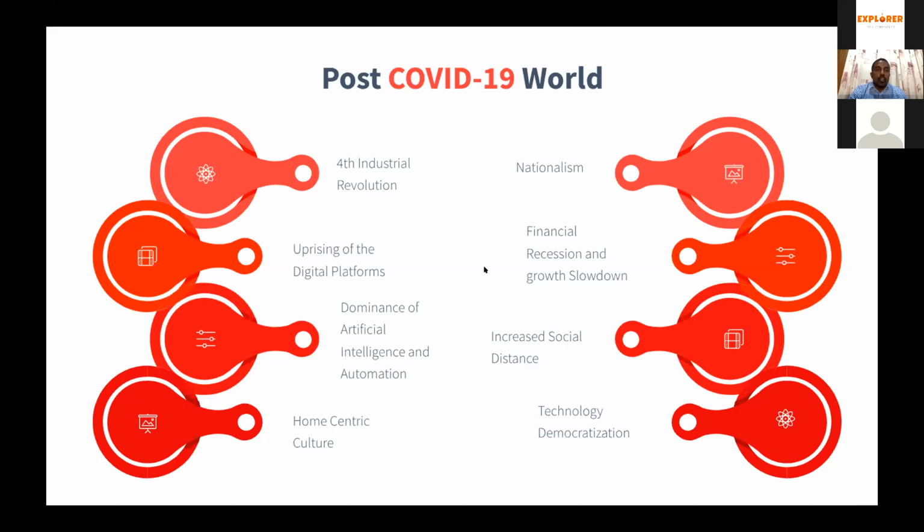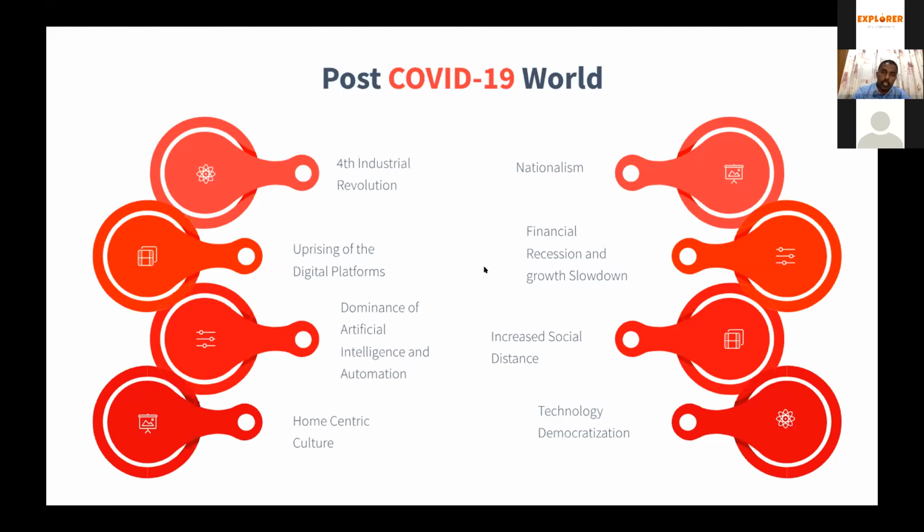And also the home-centric culture will come up again. People will start using entertainment media from their homes. It can be games, virtual musical shows, or other virtual entertainment mediums. All of these will be provided through digital platforms. So the backbone of this is something where a developer can come and influence.